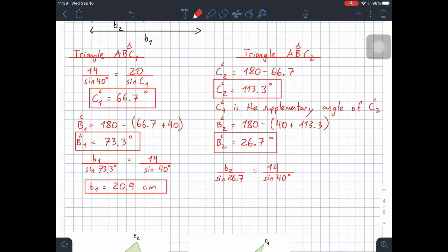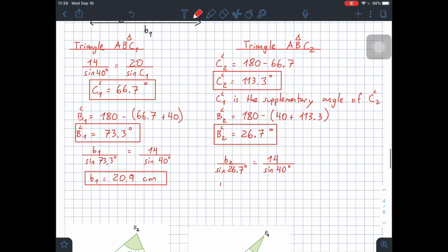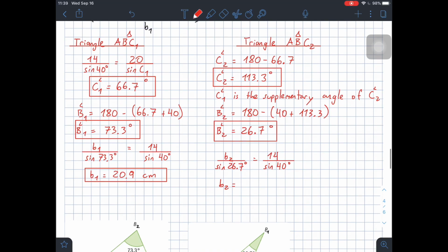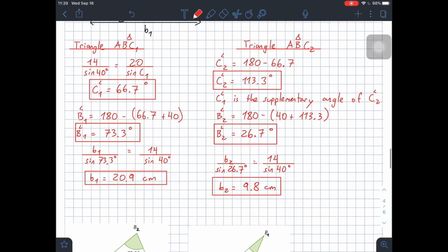So if you solve this, you're going to get side B2, which should be a value smaller than B1. If you do this, you would get a value of 9.8 centimeters if we round it to 1 decimal place. So you see that it's actually smaller than this value over here. So that means that we're doing the right thing.